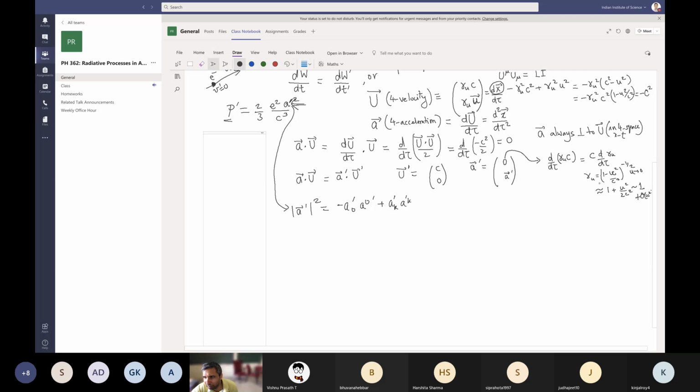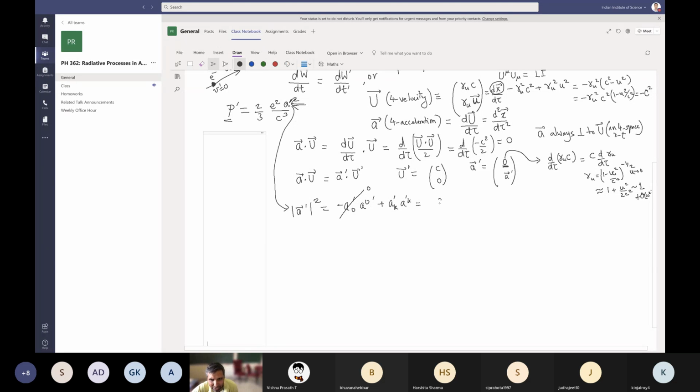So gamma u is that. So to linear order in u, a prime 0 is actually 0.